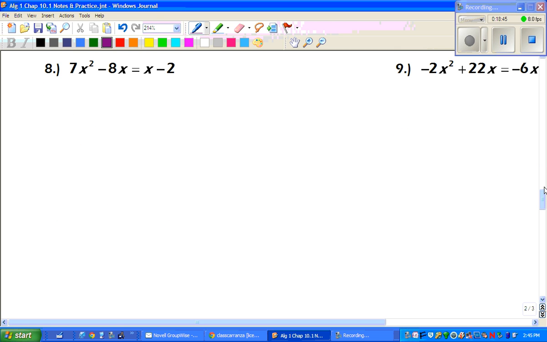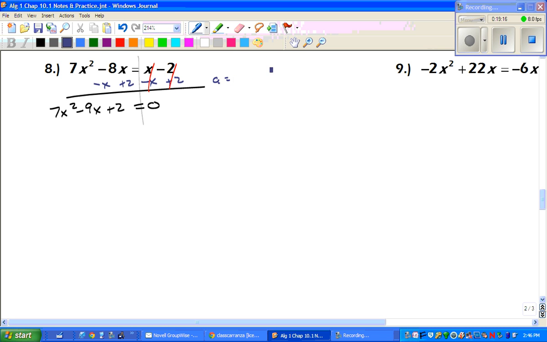Number 8, go ahead and pause the video and work it out. I'll do the first couple steps with you. So let's see, minus x plus 2 minus x plus 2. So 7x squared minus 9x plus 2 equals 0.